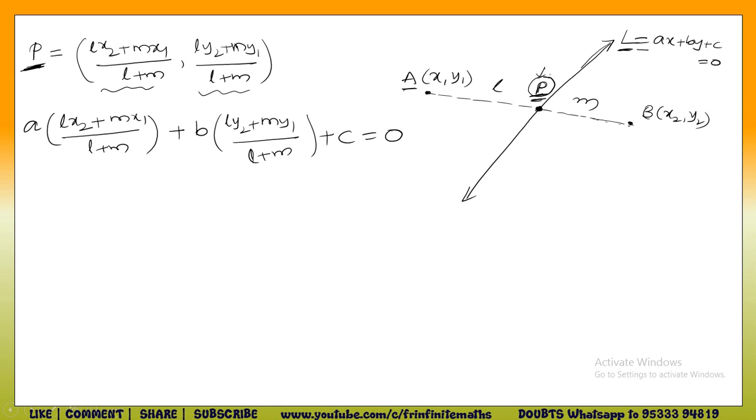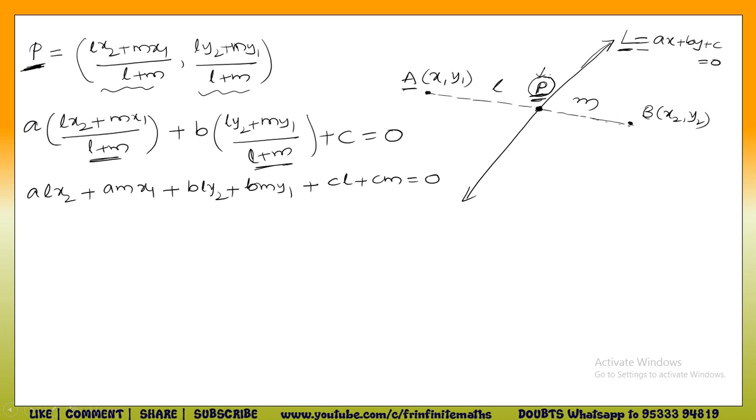Now by taking the LCM as L plus m, multiplying these values, a into L into x2 plus a into m into x1 plus b into L into y2 plus b m y1 plus c times L plus c times m is equal to 0. When we cross multiply, the L plus m becomes 0 on the right side.